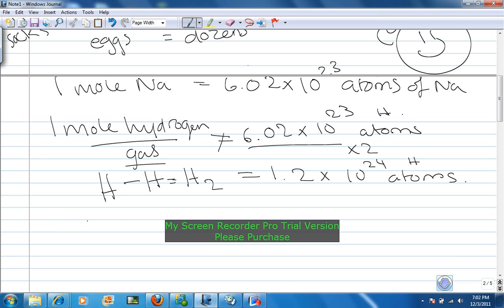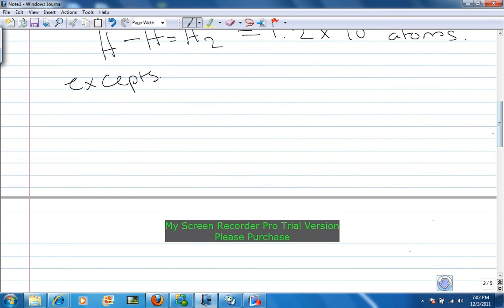These are exceptions, and they are called diatomic molecules.